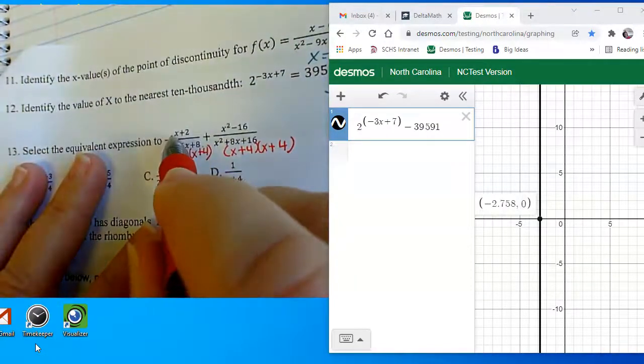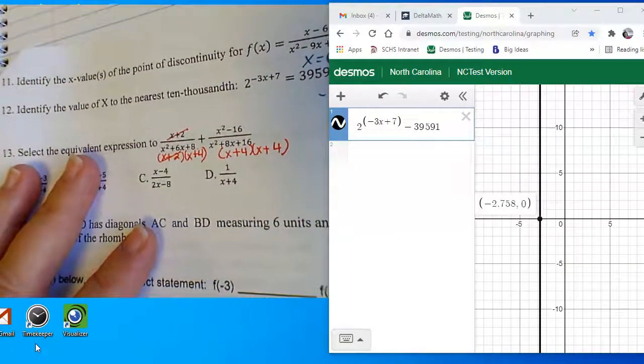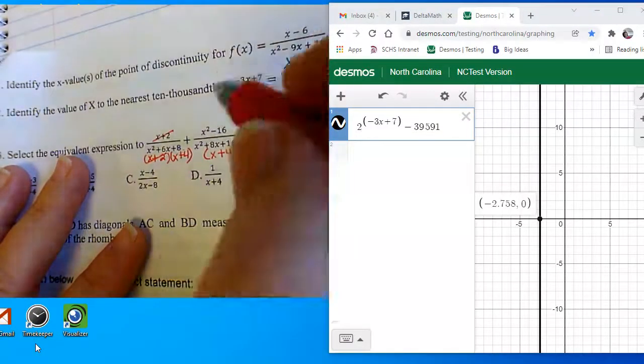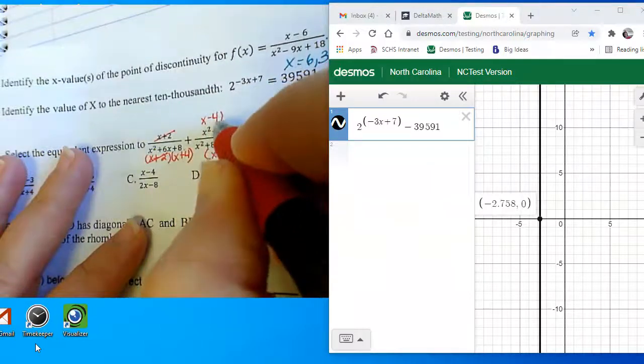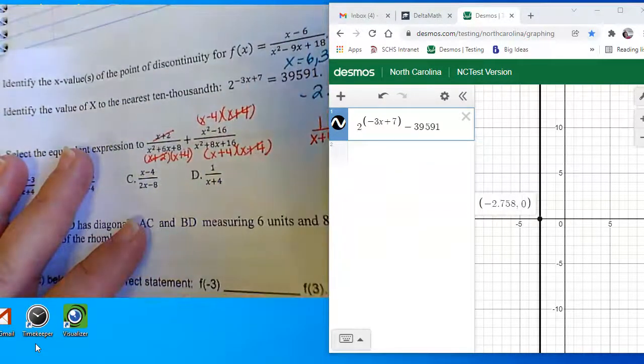Interestingly enough, I can already cancel some stuff, so maybe it'll make it easier for me to add in the end. What does x squared minus 16 factor to? x minus 4, x plus 4. And see, there's some x plus 4's that cancel there.